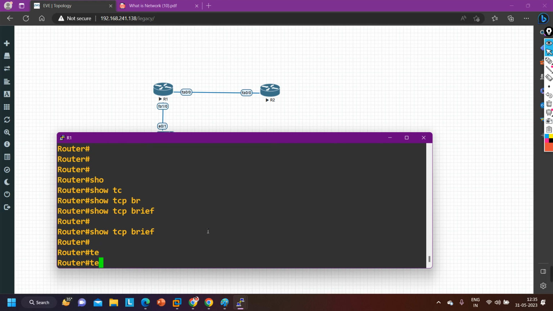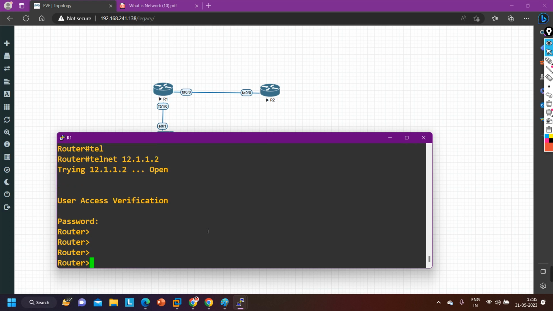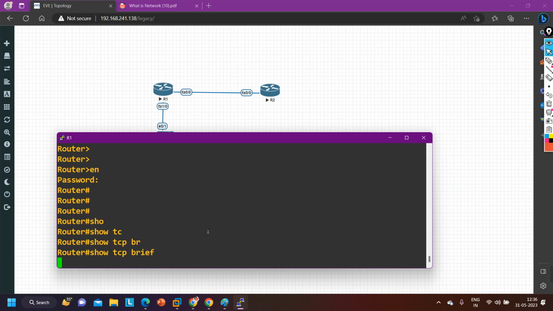No. Now I am going to take Telnet access. Telnet 12.1.1.2. Password is Cisco. So enable, Cisco, and show tcp brief.